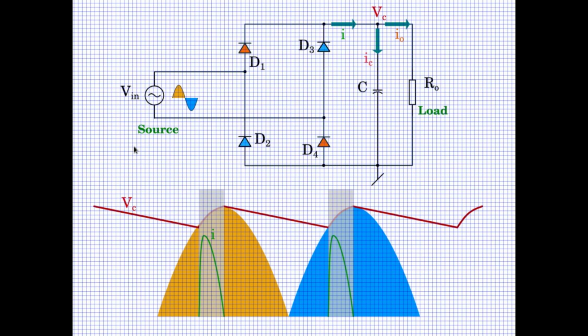I would now like to revisit these waveforms to discuss the current during starting. So let me remove this part of the waveform. Now if you see, at the time of starting, the capacitor voltage is 0.